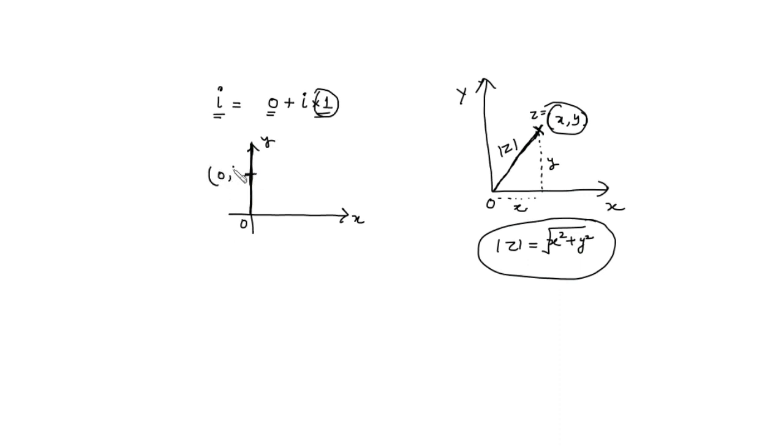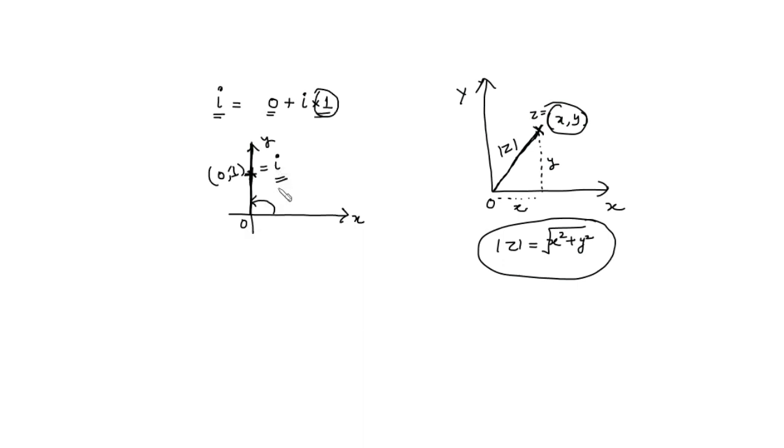So this has the coordinate (0, 1). This is the representation of iota. So how can we define iota? We can define iota by taking a turn of pi by 2 and covering a distance of 1 unit. We will reach a point, and that point is iota. So it's a unit distance along the y-axis.